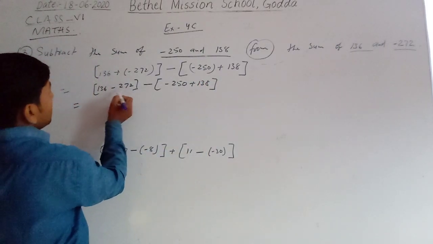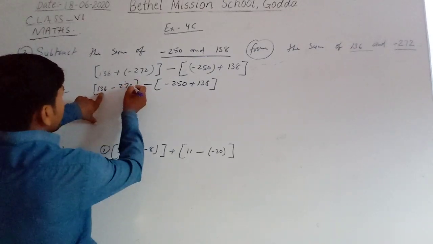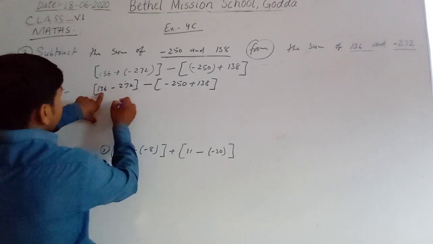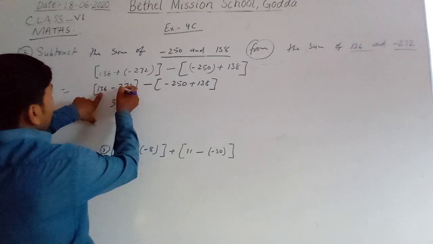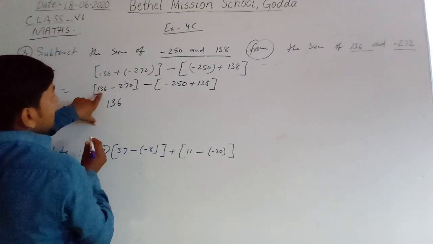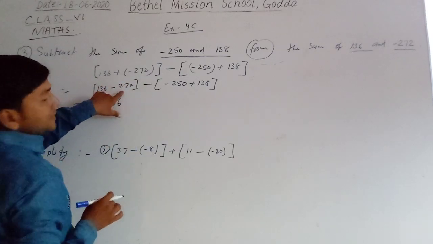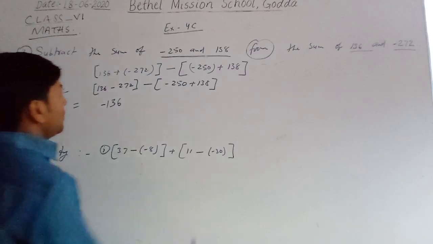So this is the bigger number, 272 is bigger than this number. So subtract: 12 minus 6, 6. That is 6. 6 minus 3, 3. And that is 2 minus 1, 136. And this is the bigger number, 272, so we have to take the negative symbol.